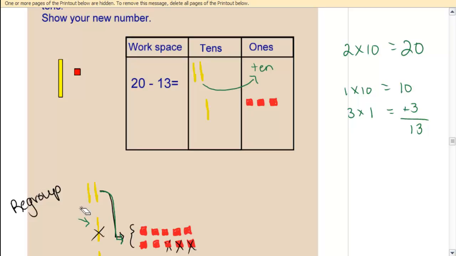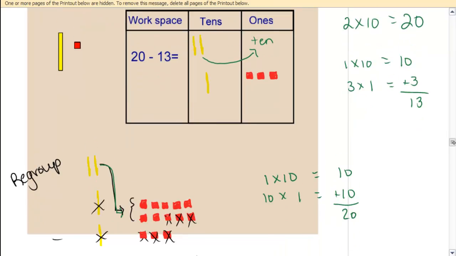So ultimately what we did is we changed this problem from 2 tens into 1 ten and 10 ones. 1 ten is 10, 10 little ones is 10, and that still equals the value of 20. It's just represented in a different way that we can work with.